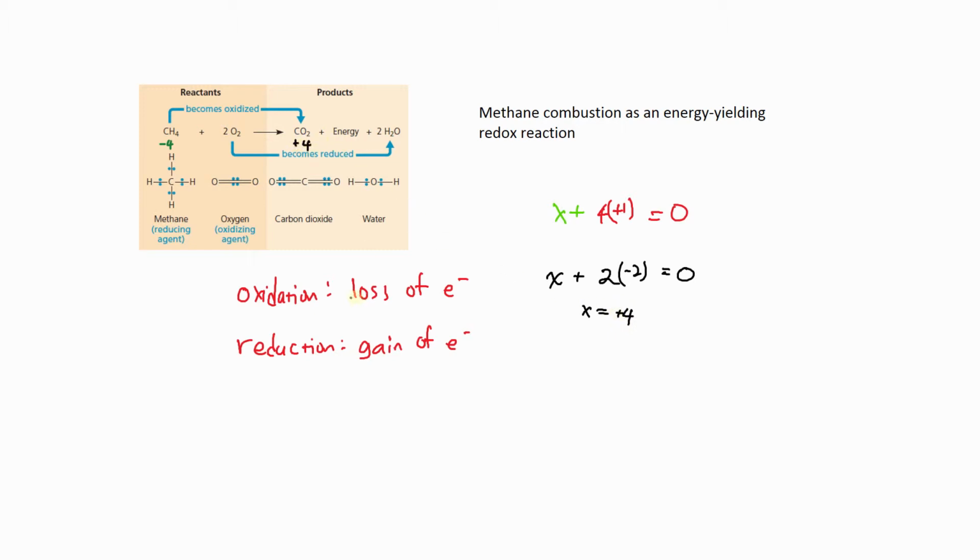That means the oxidation number increased from the carbon in methane to the +4 on the carbon dioxide. So anytime the number increases, that's oxidation. And then you can imagine how reduction takes the decrease in the oxidation number.